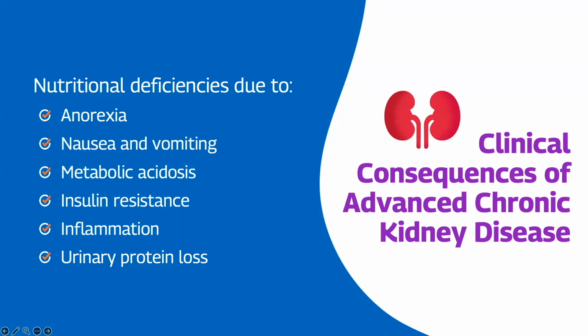Causes of malnutrition may include anorexia, nausea and vomiting, metabolic acidosis, insulin resistance, inflammation, and also urine protein loss, which are all classic signs of uremia and are going to be indicative of impending kidney failure. So, referral to a dietitian for assessment, treatment, and education is going to be essential during this time.